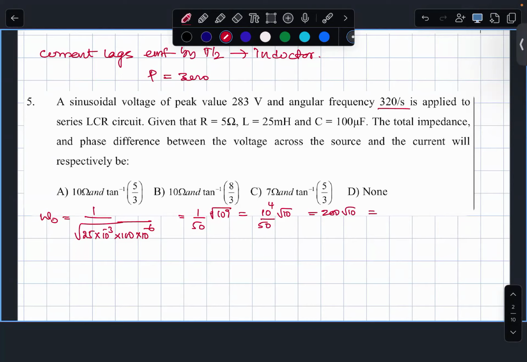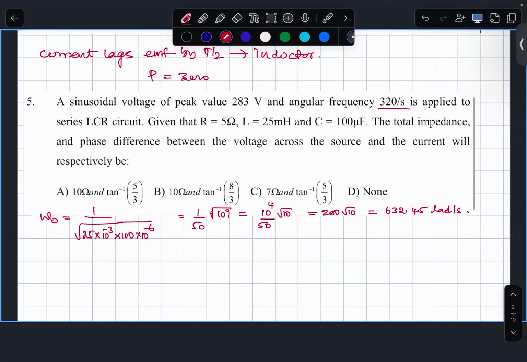Someone please check this value. 632.45 radian per second.